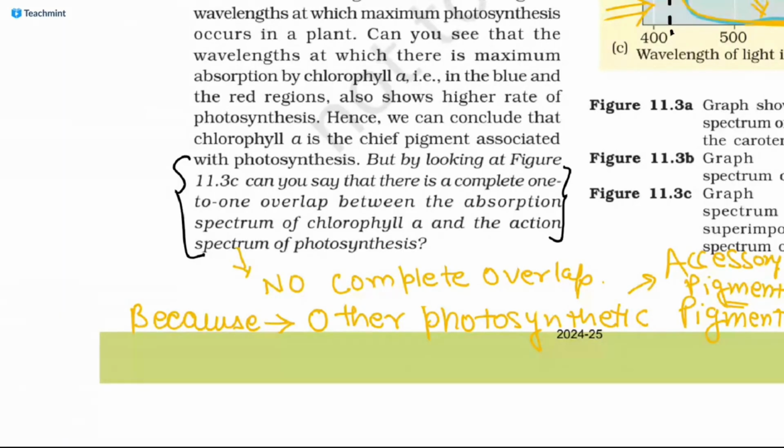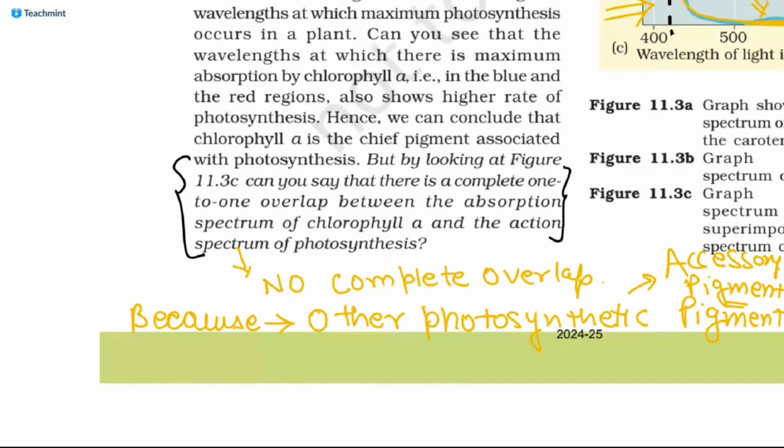It is just like this. Let's say you are going to watch a movie, and in that movie there will be a leading actor. Let's say any movie in which Salman Khan is the actor. So Salman Khan is the main actor. But it's not that only one actor will be there in the whole movie. There will be many other actors, although they are not that important. Every time you are asked who is the actor, you will say Salman Khan. But other actors also have some role in the story. So here the other actors are the accessory pigments.